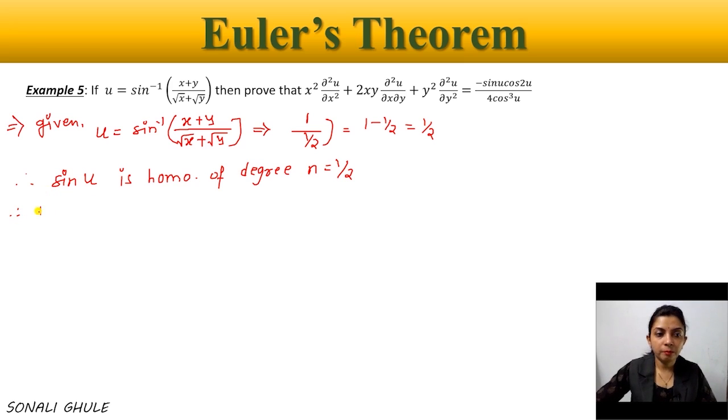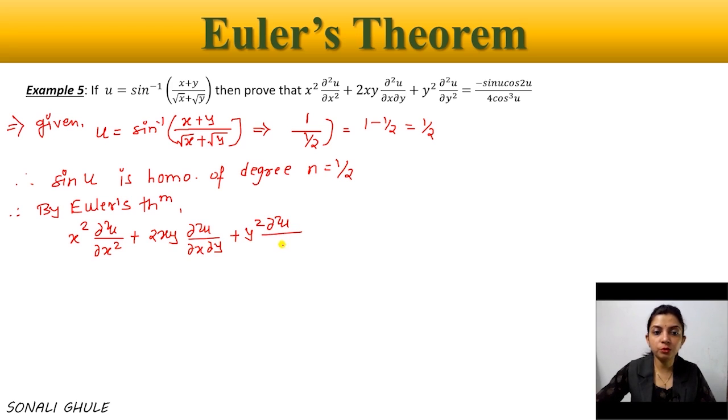So therefore by Euler's theorem, what can we write? Yes, x square del 2u upon del x square plus 2xy del 2u upon del x del y plus y square del 2u upon del y square is equal to, now here f of u is homogeneous, so definitely I can't write here the value for the second order relation as n into n minus 1 into u.